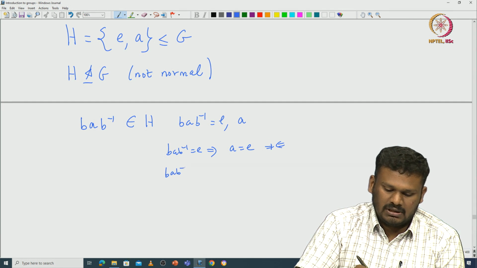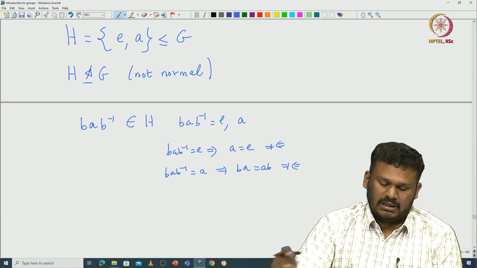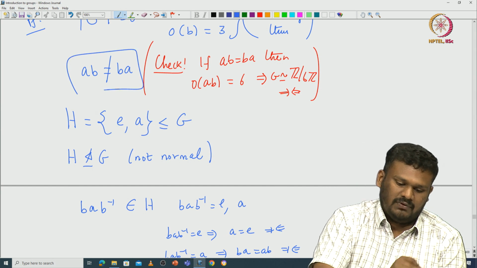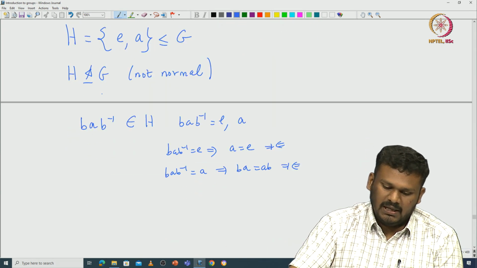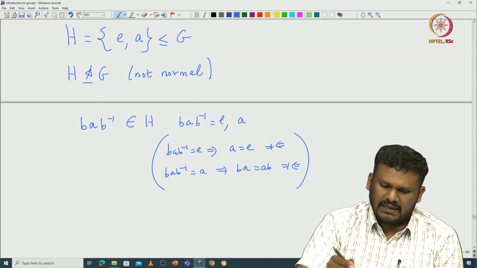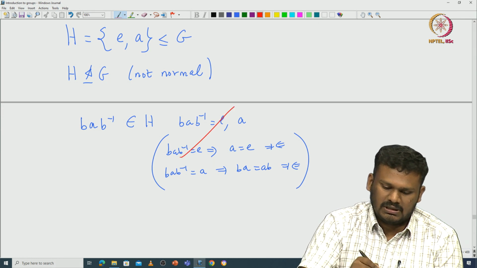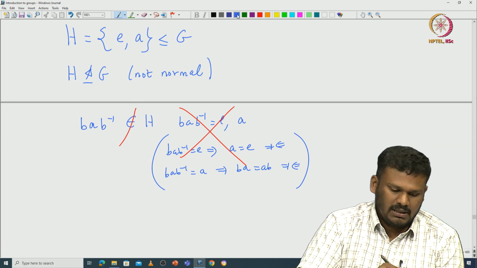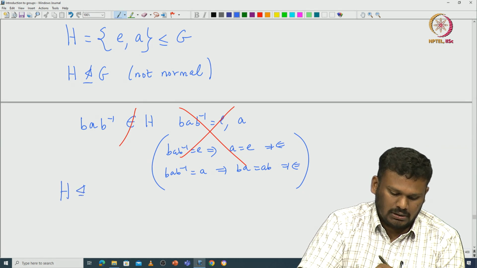If B A B inverse equal to A, that would imply that B A equal to A B, which is again contradiction, because A B and B A do not commute. This is what we have observed. So, both cannot happen, so that means H is not normal in G.